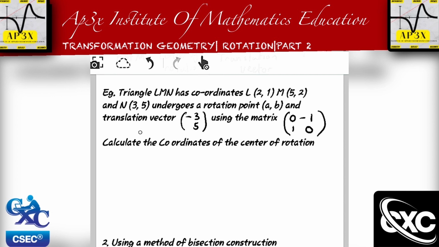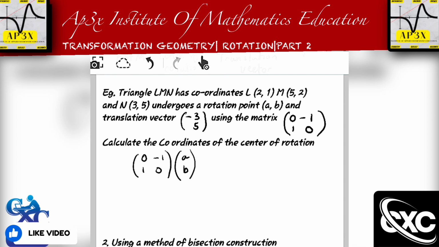So here we take the matrix (0, -1; 1, 0), and we're going to multiply it by, not an object point, because we're looking for where the rotation point is. The rotation point becomes our object point, so now we're looking for AB.